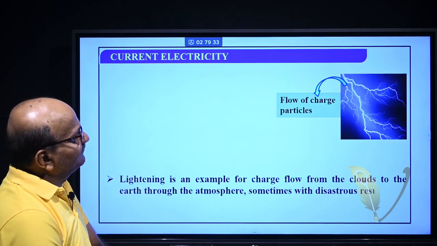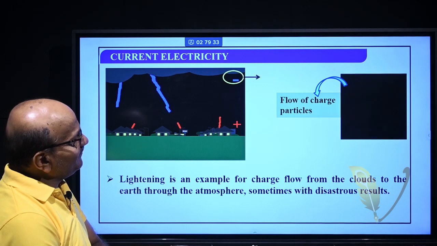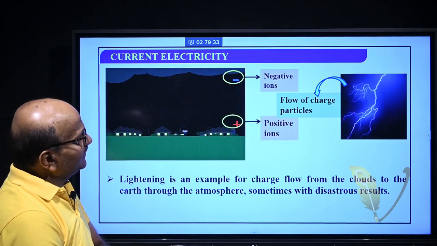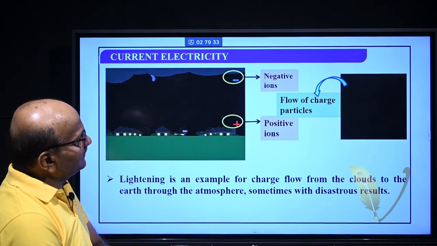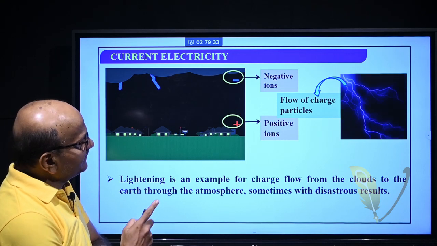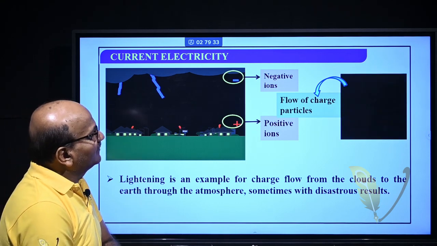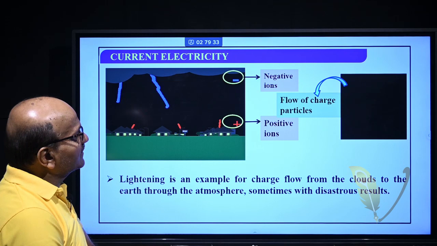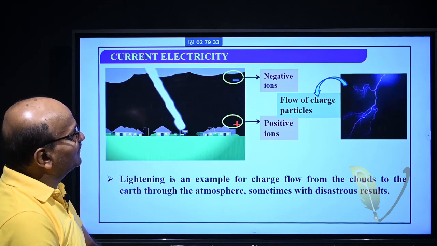You see, this is during a thunderstorm. This is how lightning appears in the sky. This is the flow of charged particles.